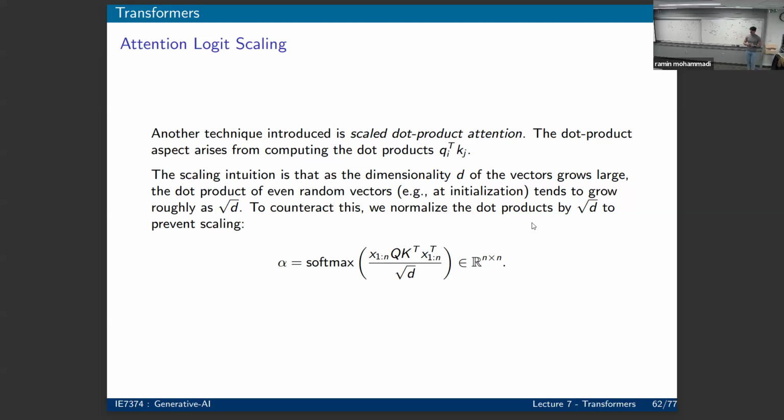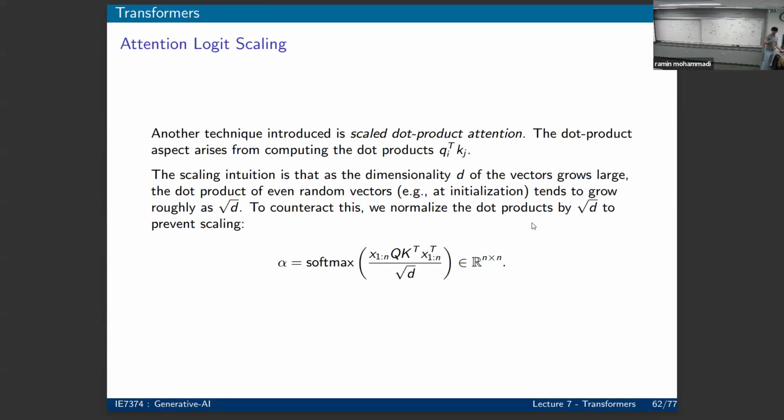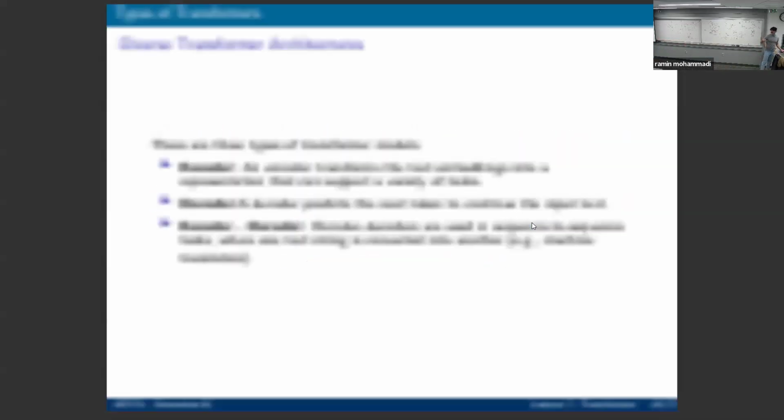That becomes a challenge because all of a sudden the values are really large. So in order to get rid of the d scale, in the original paper they divide the dot product by the square root of d. It's kind of like normalizing the dot product. That's the whole idea. It doesn't change anything. It just normalizes the value before the softmax.